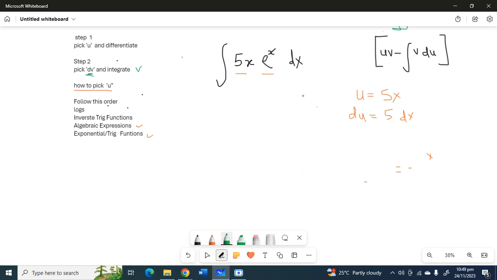Step 2, our dv is going to be e to the power x dx. So you say dv equals e to the power x dx.